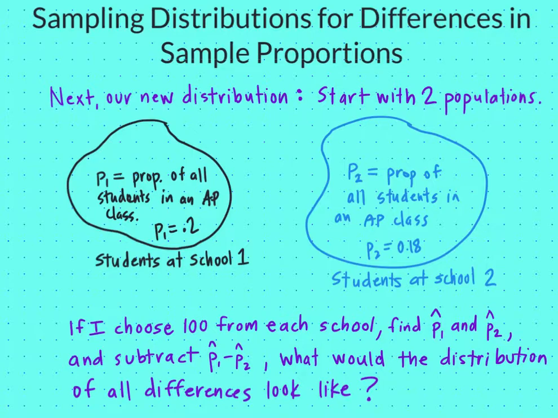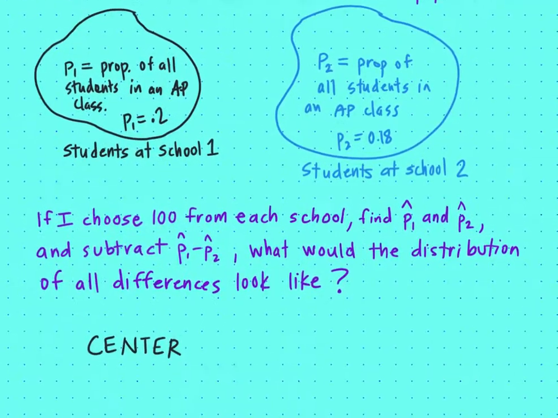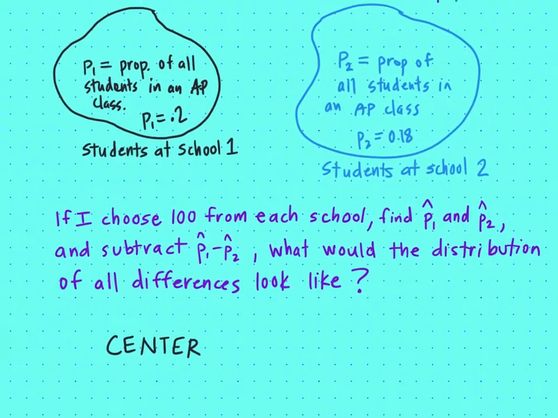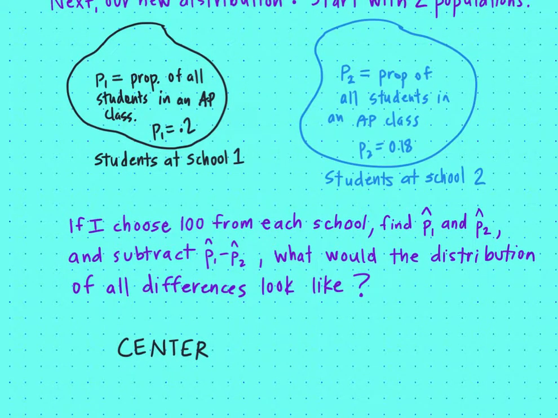So we have two different schools. We have a certain percentage of each school enrolled in at least one AP class. So the question is, if you were to choose from both schools, how would those two numbers compare? I'm going to keep it simple with the numbers and choose 100 from each school. I'm going to find my two sample proportions.